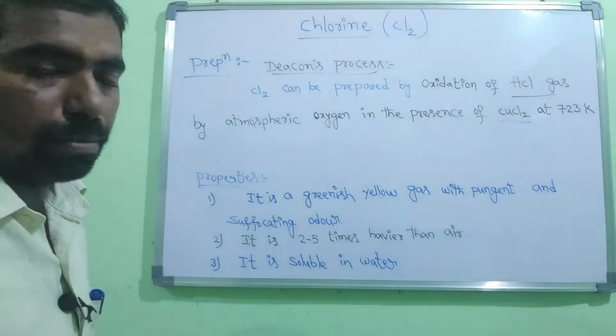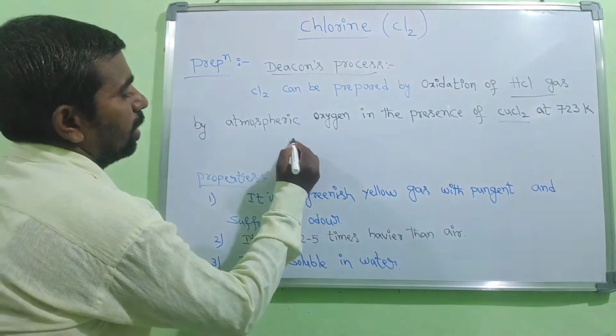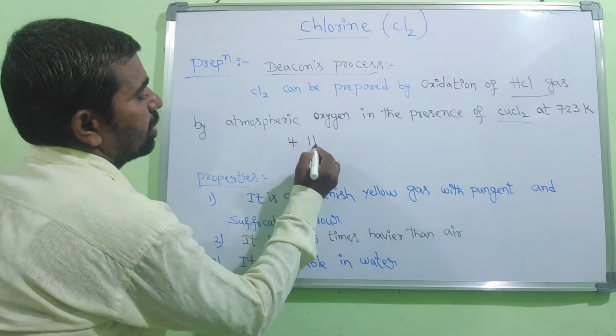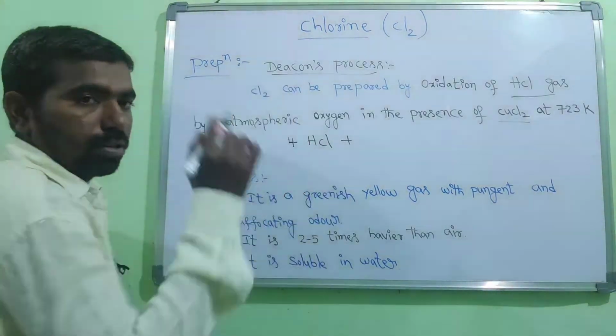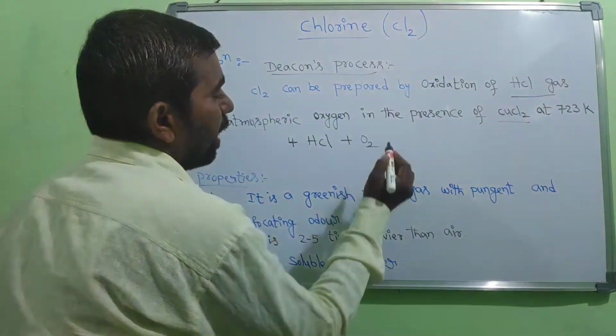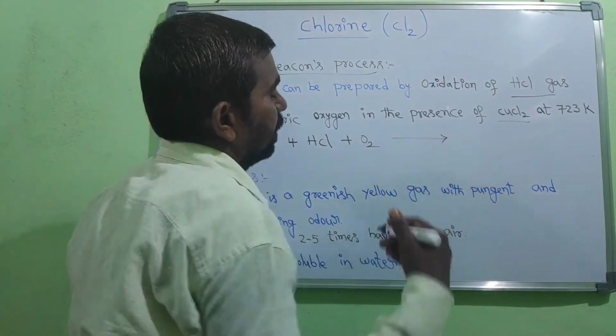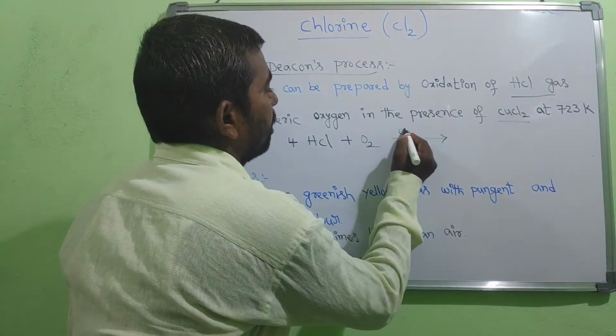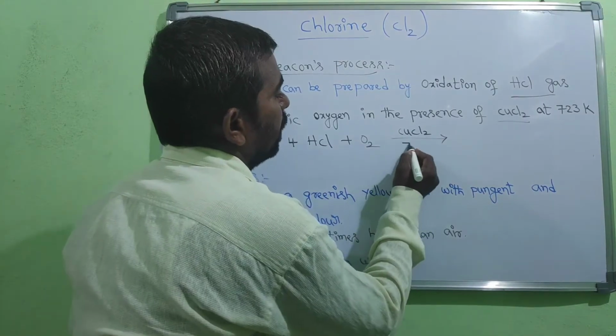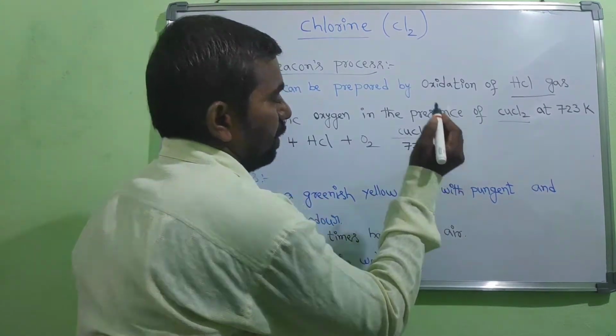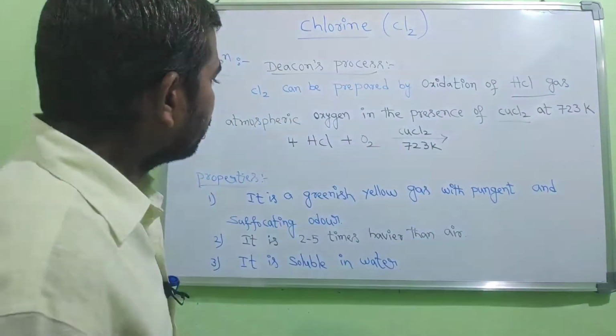So straightaway I am writing the chemical equation. I am taking 4 moles of HCl. It is oxidized by atmospheric oxygen, and the chemical reaction occurs in the presence of CuCl2 at 723 kelvins. It acts as a catalyst.